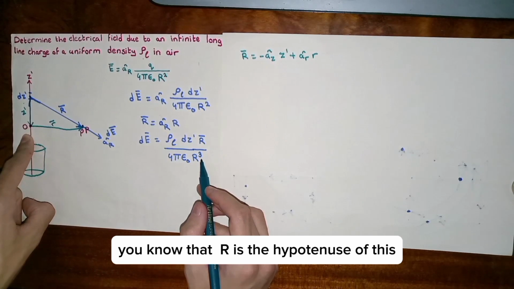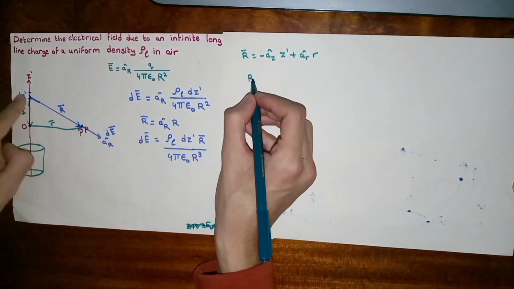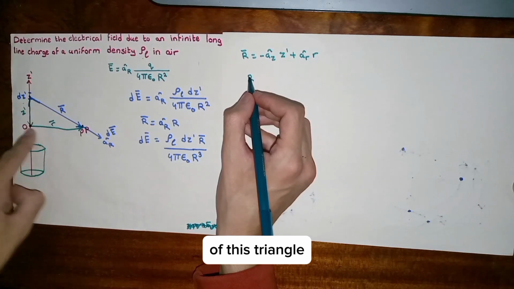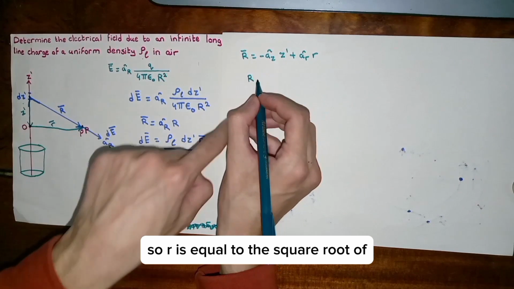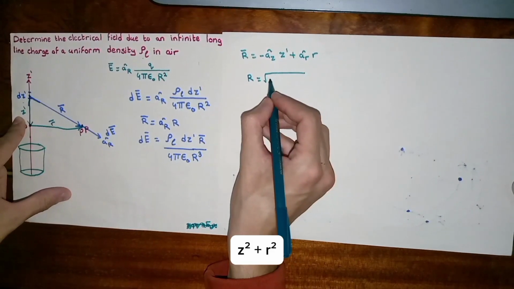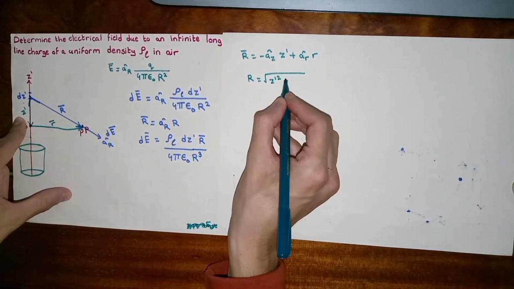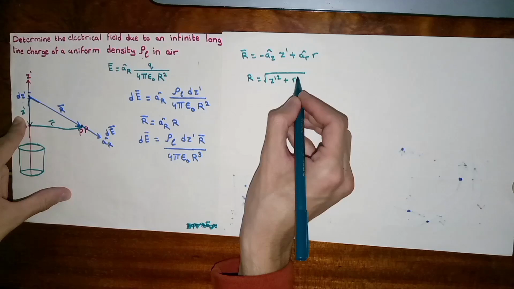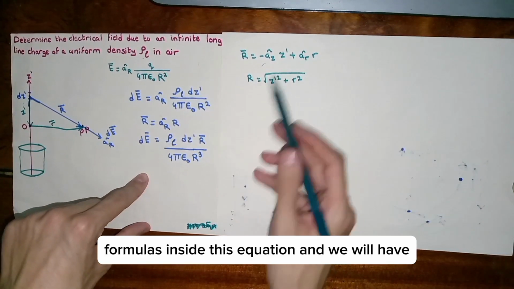You know that R is the hypotenuse of this triangle, so R is equal to the square root of the square of z plus the square of r. Now substitute these two formulas inside this equation.